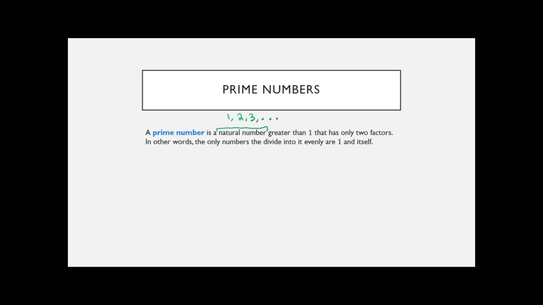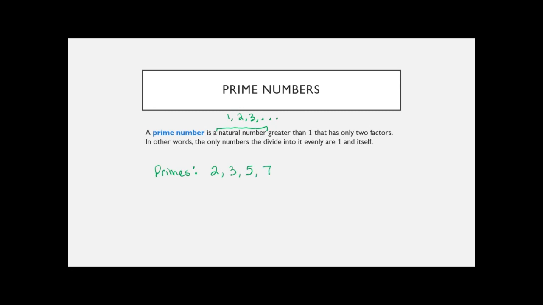So some examples of prime numbers, the first few primes are 2. 2 is a prime number because it's only divisible by 1 and 2. 3 is prime. 4 is not, because 4 can be divided by 1, 2, and 4. So there are 3 numbers you can divide into 4. Then 5, 7.